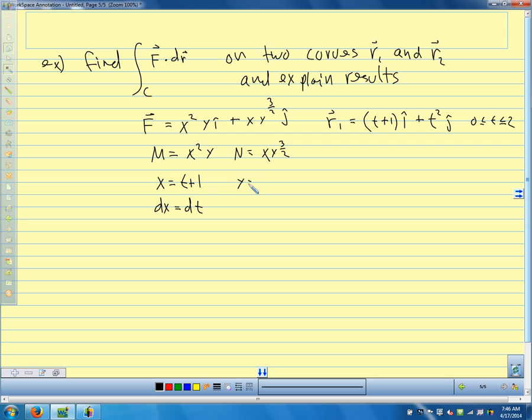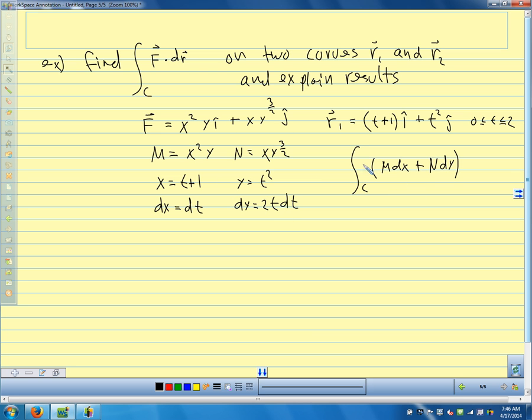And y equals t squared, so dy equals 2t dt. The reason we're doing all this is we want to say that our line integral is m dx plus n dy. So we want to evaluate our line integral in this differential form, expressing everything in terms of t. Dx is dt, dy is 2t dt.